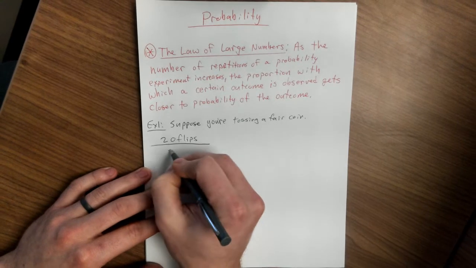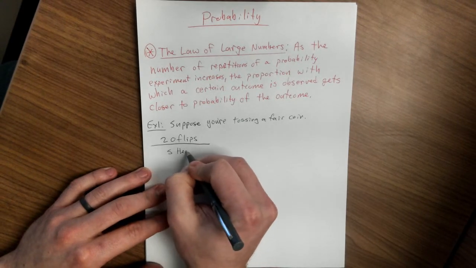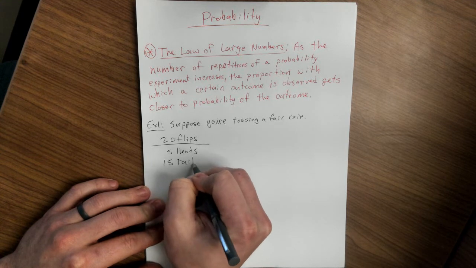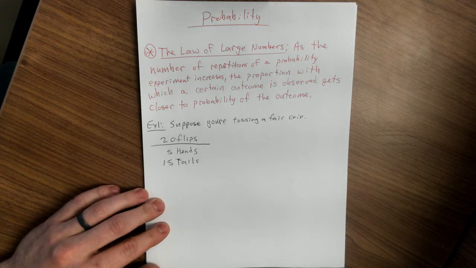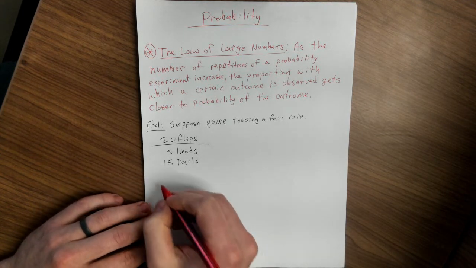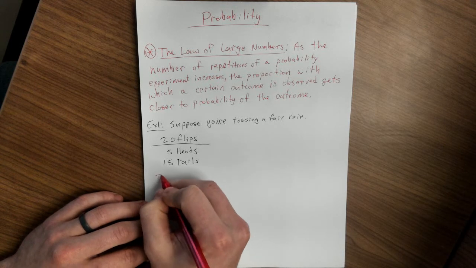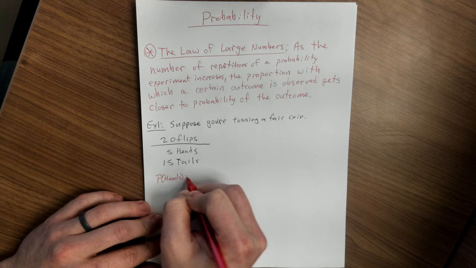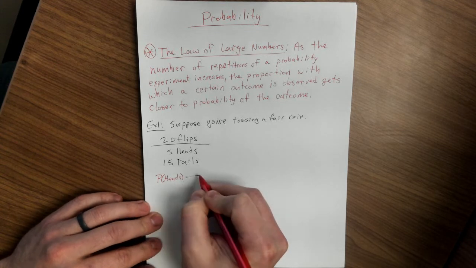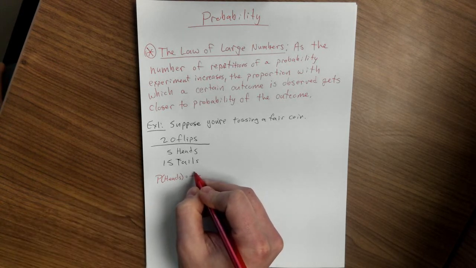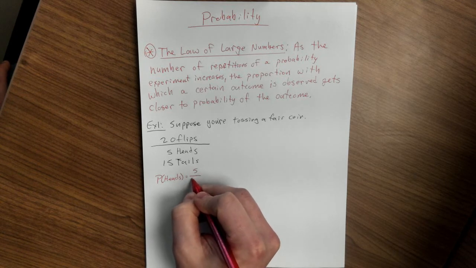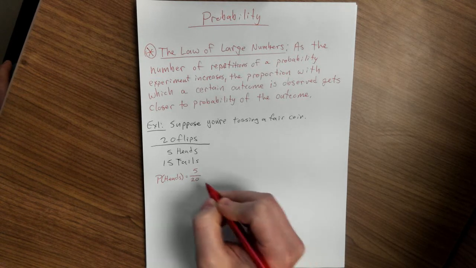Out of the first 20 flips, I get 5 heads and 15 tails. If I'm only looking at the heads, then the probability of a heads is equal to how many of the observations we want, which is 5, divided by the total number of observations, or flips in this case, which is 20.